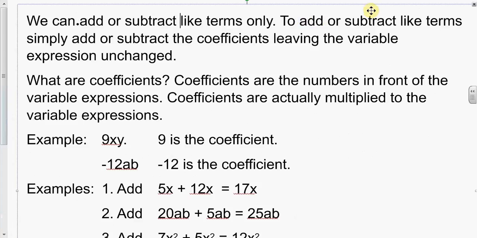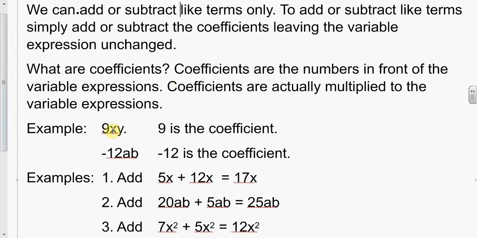To add or subtract like terms, simply add or subtract the coefficients, leaving the variable expression unchanged. What do we mean by the word coefficient? The coefficient is the number in front of the variable. It is actually multiplied to the variable. So if you look at 9xy, 9 is the coefficient.